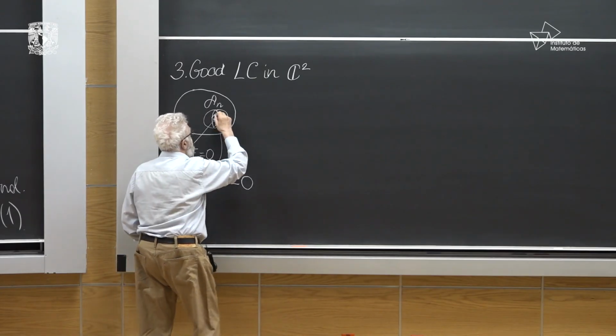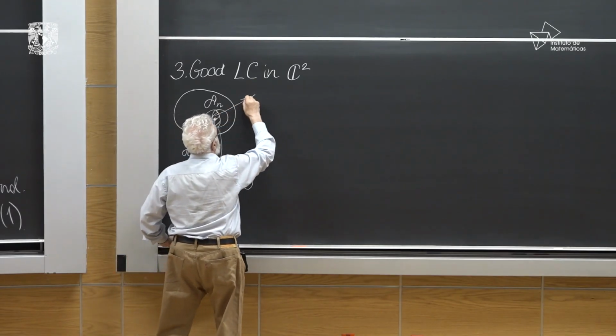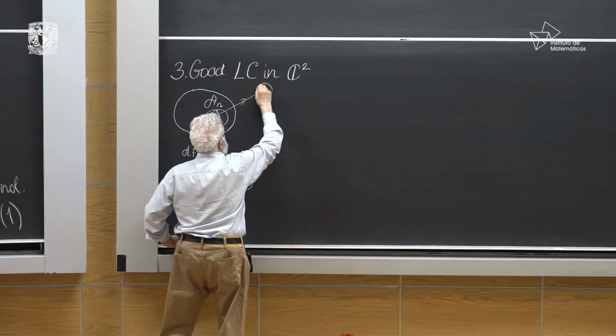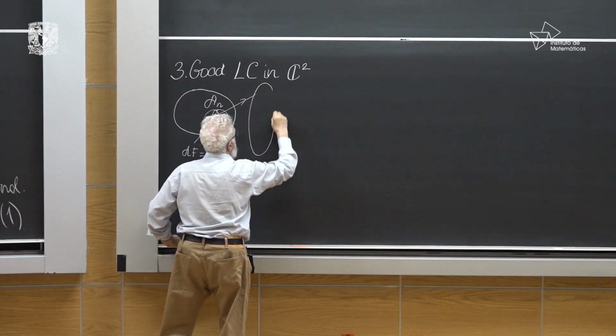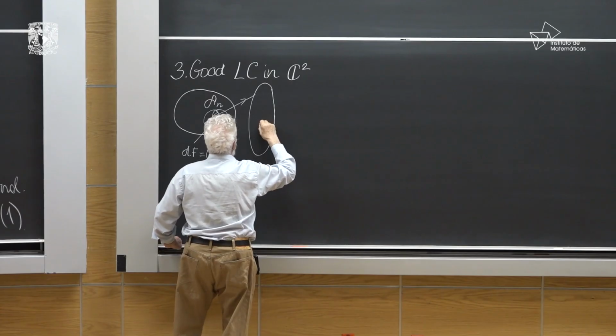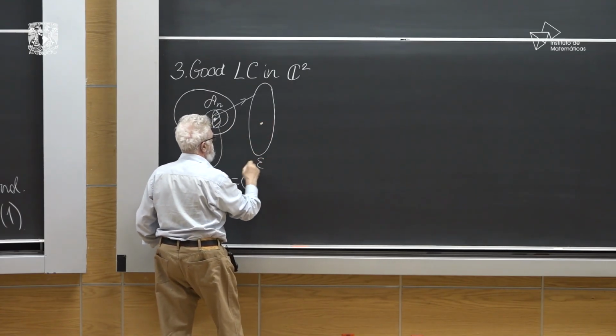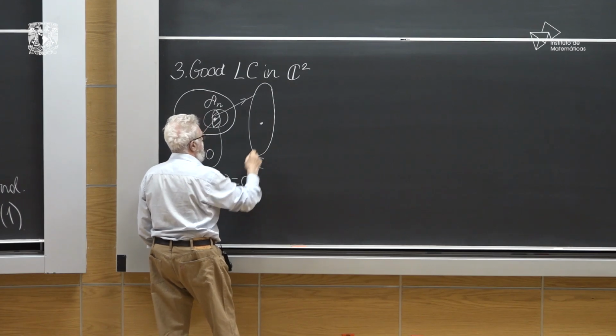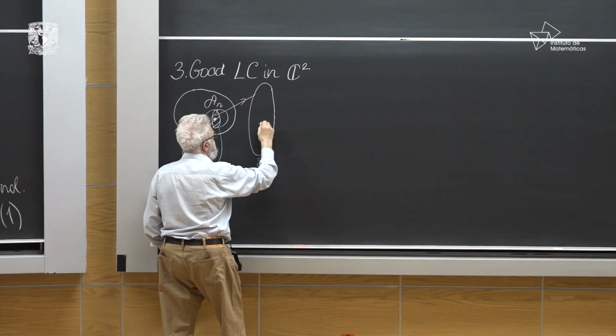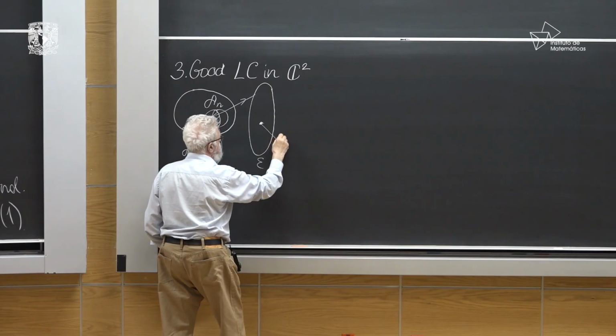And I make zoom. This is our family. This is the coordinate epsilon. This is epsilon equal to 0.